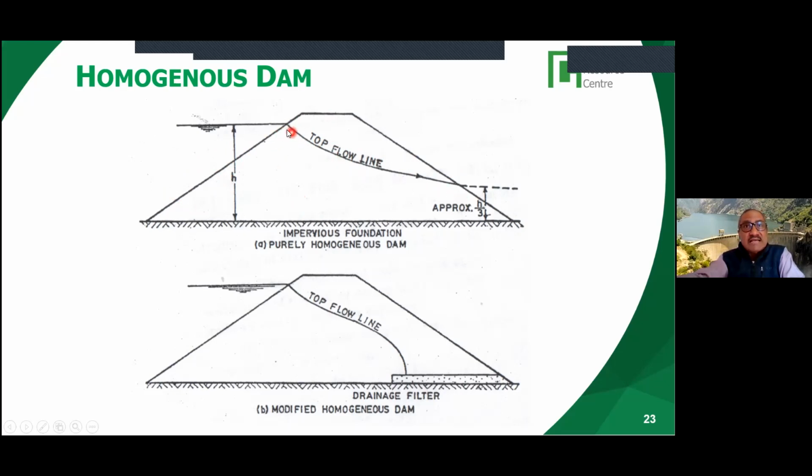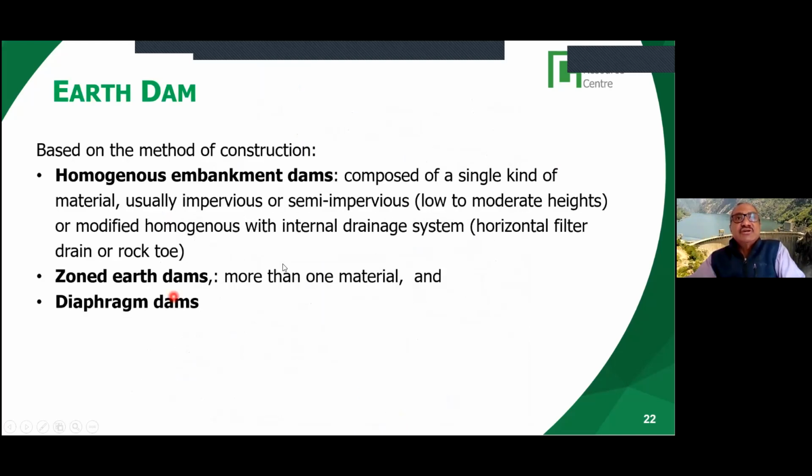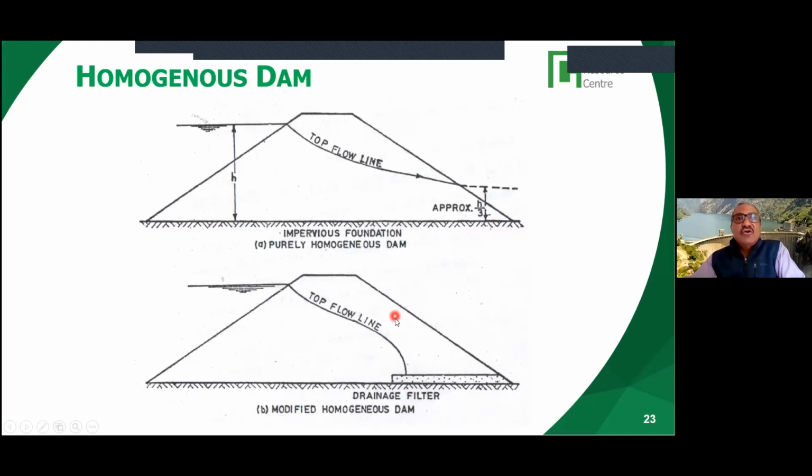This has the head difference between upstream and downstream, causing water seepage, just to give you a very simple example of what seepage is. And modified homogeneous dams are, as I mentioned, used with an internal drainage system, what is known as a horizontal filter drain or rock toe.